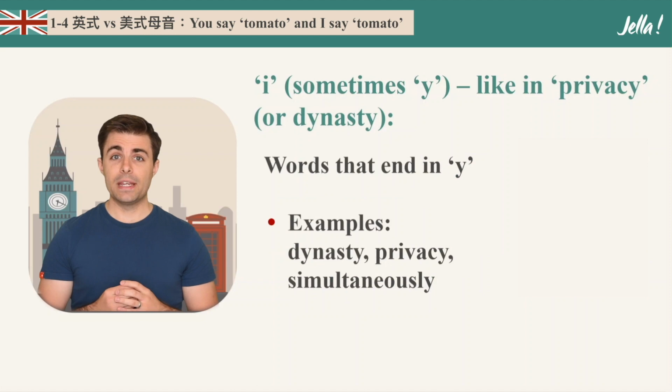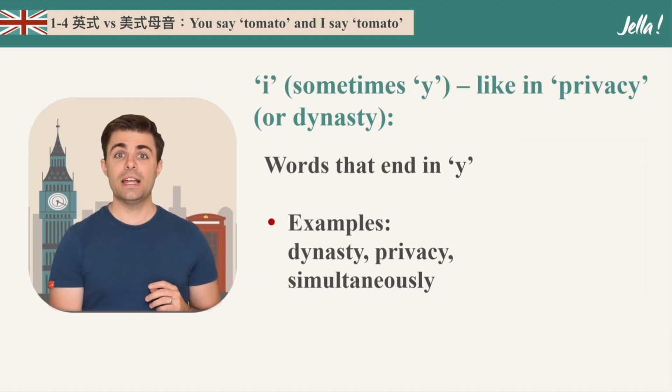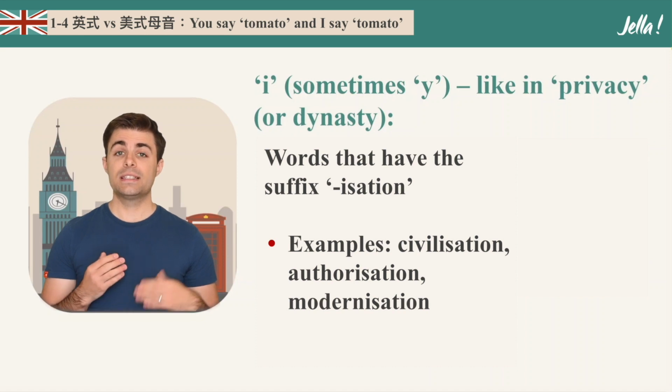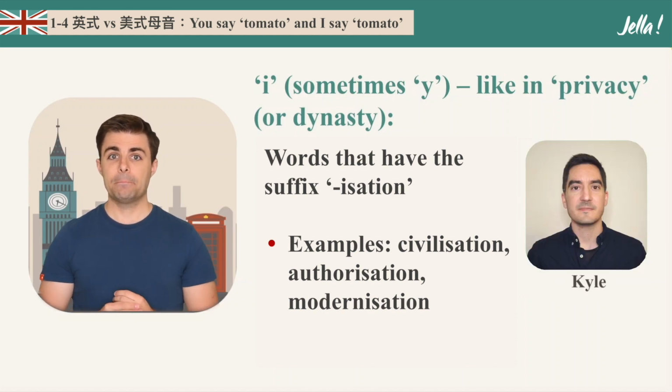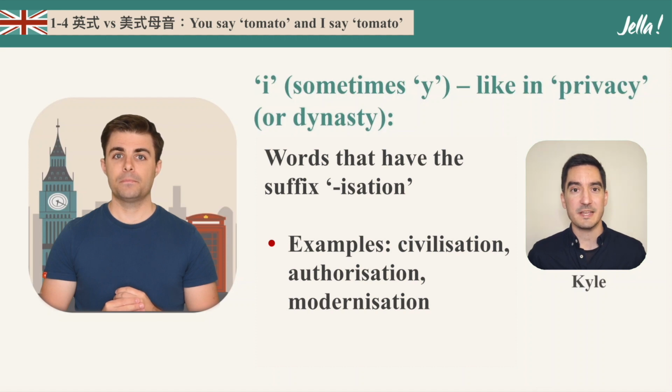Now the other time we make this change is in words that have the suffix ization at the end, like the word civilization. Let's listen to Kyle give some examples in American English, and then we'll do them again in RP. Civilization, authorization, modernization.